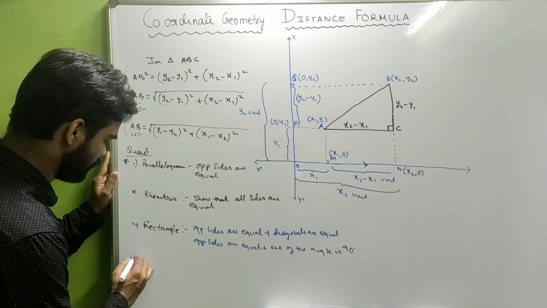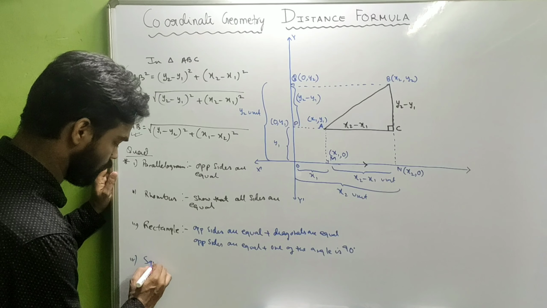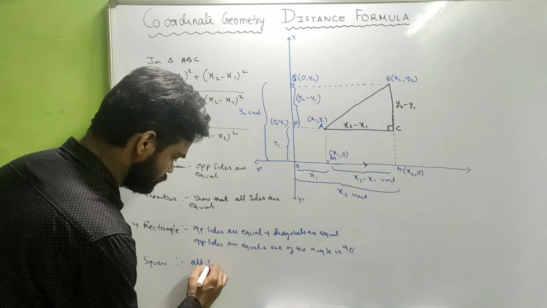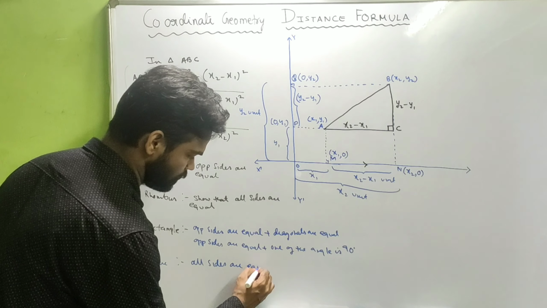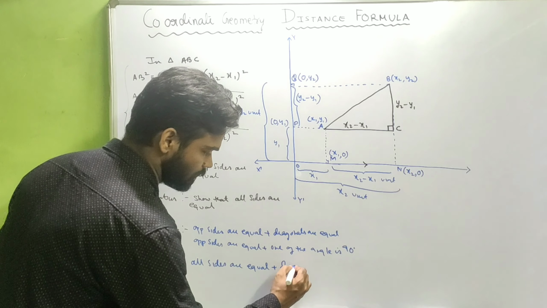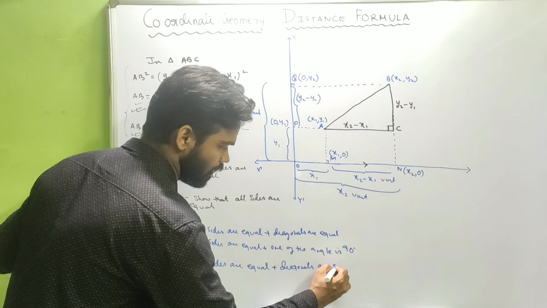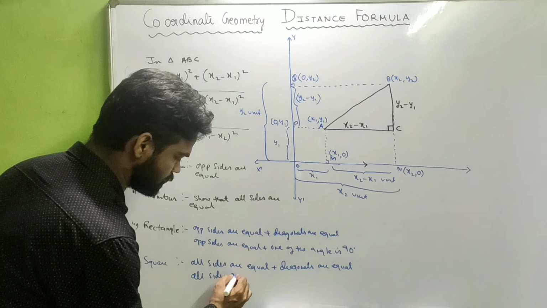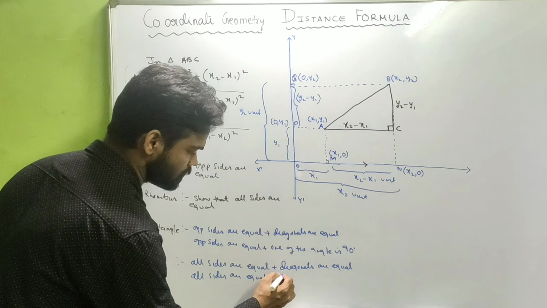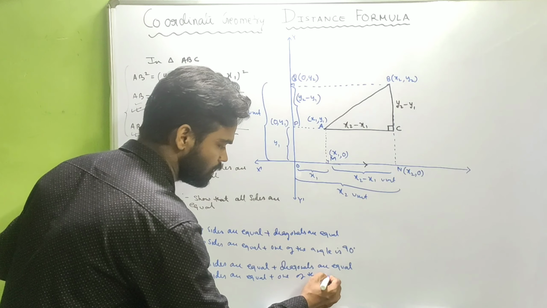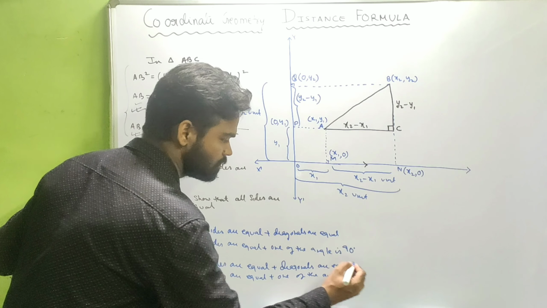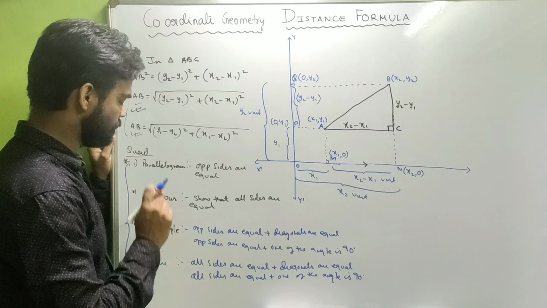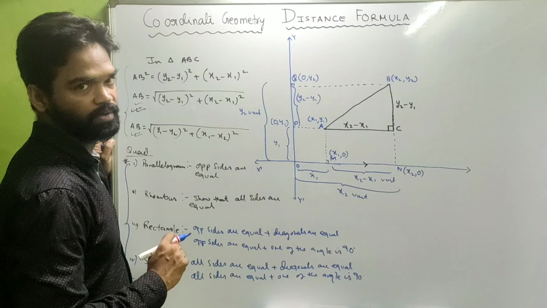And last, how can you prove that a quadrilateral is a square by the distance formula? Prove that all sides are equal plus the diagonals are equal, or all sides are equal plus one of the angles is 90 degrees. So by this logic we can tell whether a quadrilateral is a parallelogram, rhombus, rectangle or a square.